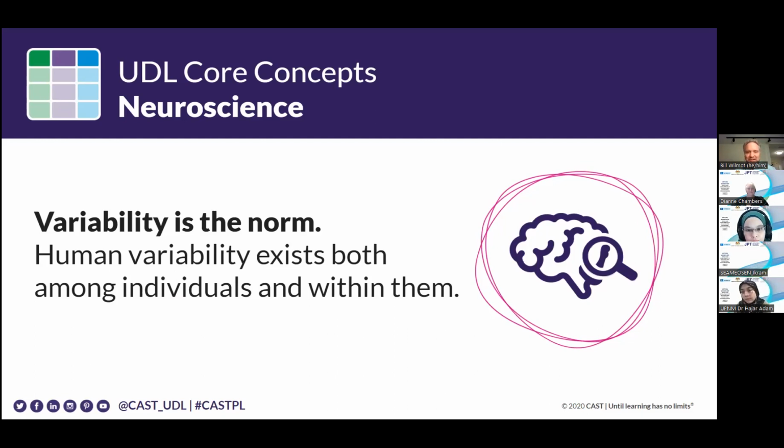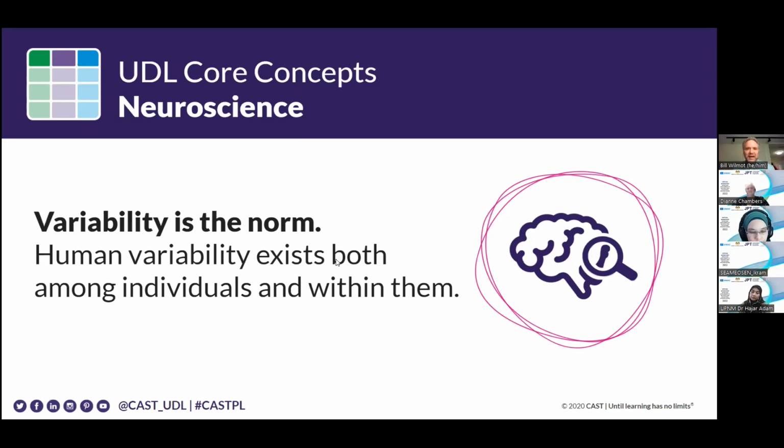You walk into a classroom of 25 6-year-olds, and you have 25 different learners. You walk into a university lecture hall of 70 students, you have 70 different learners. So learning in a different way is not out of the ordinary. Learning variability, that's the norm. It's part of who we are as humans and how we learn, that no two of us are the same.